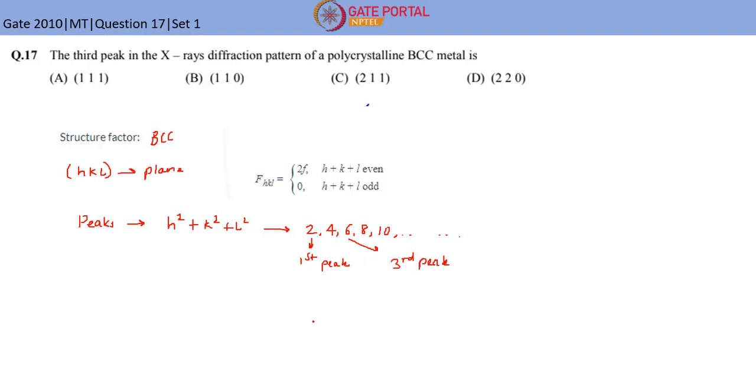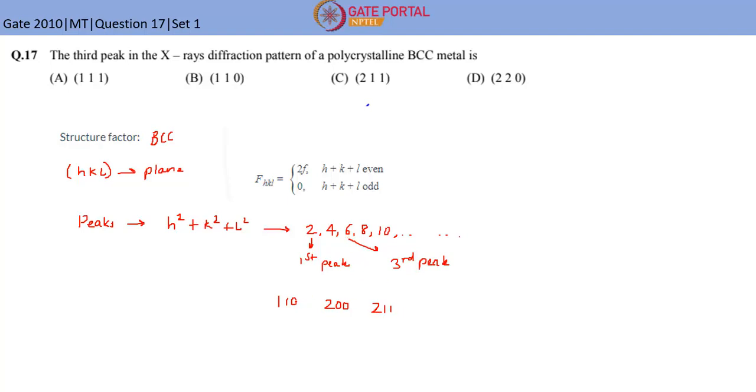For 2 it will be 110, so this will be the first peak in the diffraction pattern. Next will be 200, as 2 square is 4. Now for 6 it will be 211, since 2 square is 4, 1 square is 1, and 1 square is again 1, so 4 plus 1 plus 1 is 6.